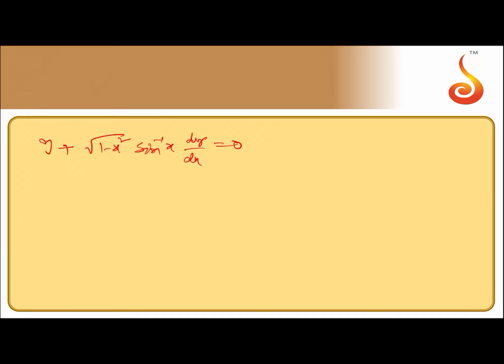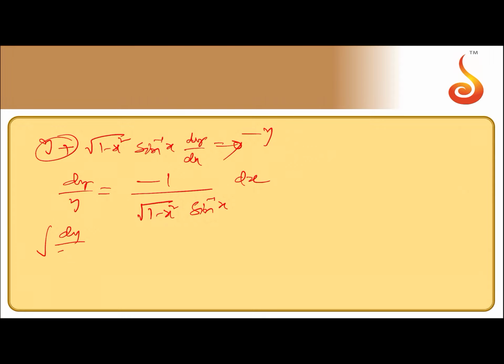Take y to the right hand side, you'll be getting minus y, and therefore dividing, dy divided by y is equals to minus 1 by root of 1 minus x square into sine inverse x multiplied by dx. Variables have been separated and integrating it.